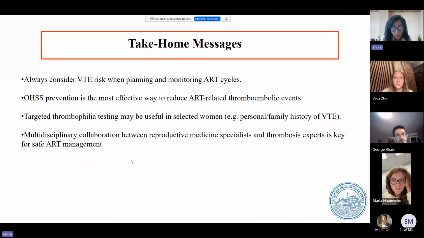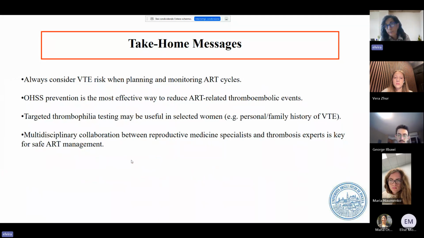We should always consider the risk of venous thromboembolism when approaching an ART cycle. I would say, we must use heparin when the ovarian hyperstimulation syndrome occurs.